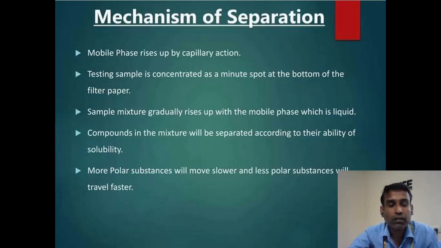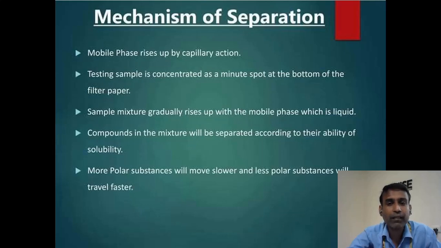More polar substances will move slower and less polar substances will travel faster, because the affinity between the polar substances and the stationary phase is very high, so they move slower. The affinity between the less polar substances and the stationary phase is very low, so they move faster along with the mobile phase.